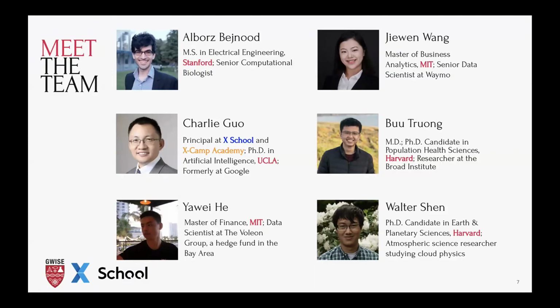We also have Yahweh here, who has a master's of finance from MIT, but is a current data scientist at the Volion Group, a hedge fund in the Bay Area. We also have Jiwen Wang, who has a master's of business analytics from MIT, and who is a senior data scientist at Waymo. So we have top-notch judges for tonight.